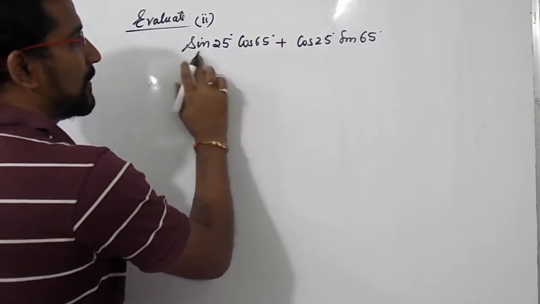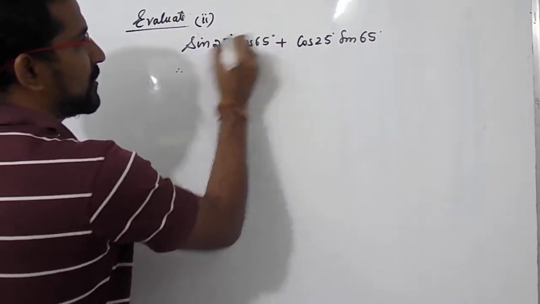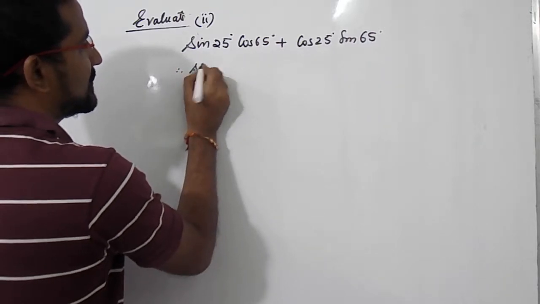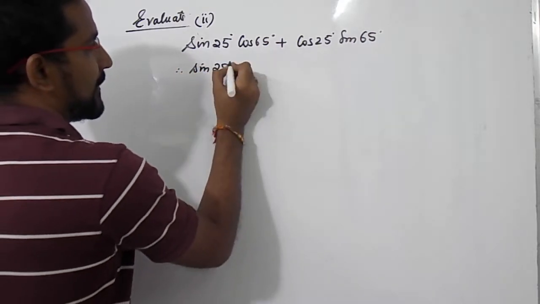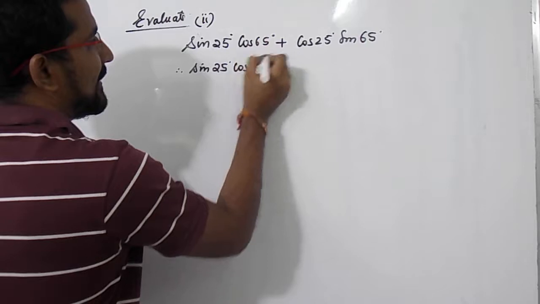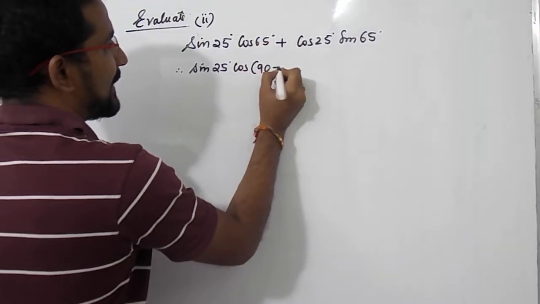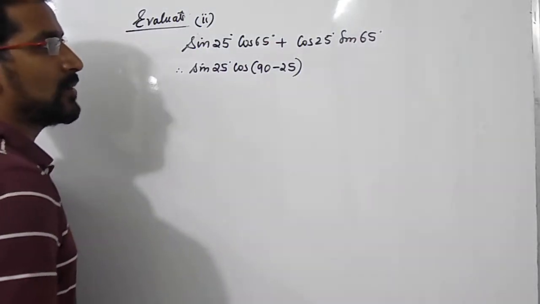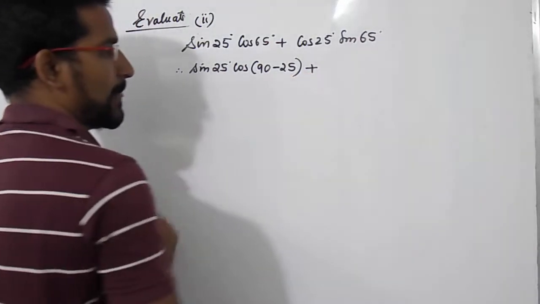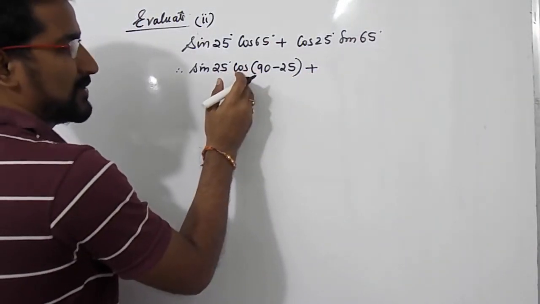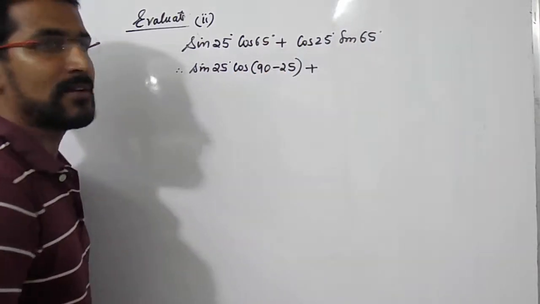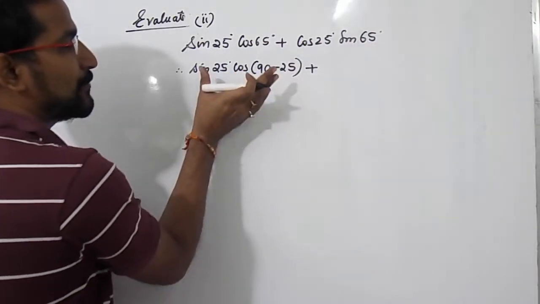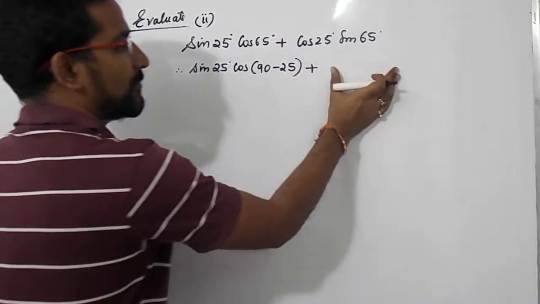Here, suppose I convert cos to sin: sin 25 degree into, can I write this 65 as 90 minus 25? Because cos (90 minus 25) is nothing but cos 65. Plus, we have converted cos, so here we are going to convert to sin, because we want full sin term and full cos term.